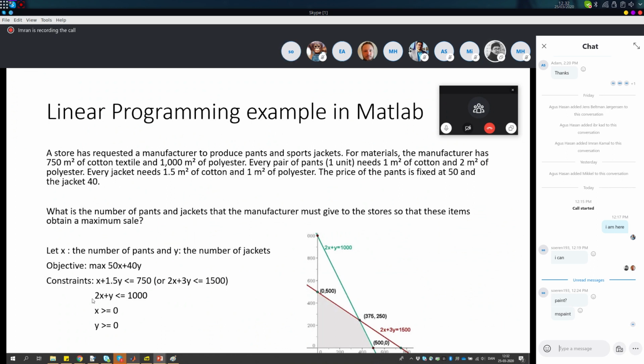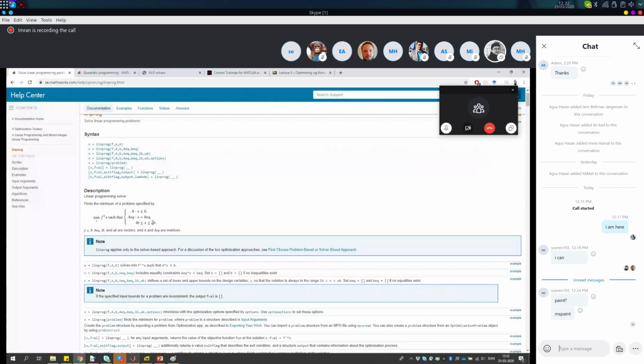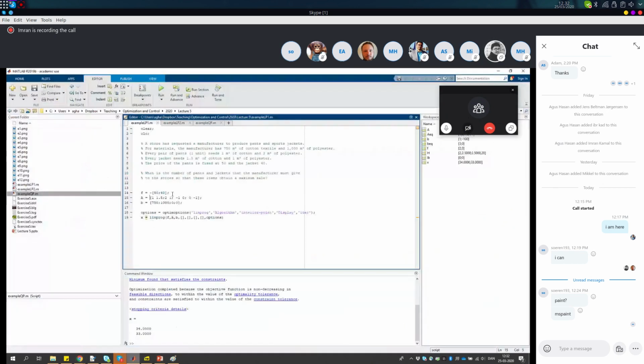The second row is 2 and 1. The third row would be -1 and 0, because you need to multiply this with -1. And the fourth row will be 0 and -1. You write it like this. So this is the matrix A, a matrix of 4 times 2.